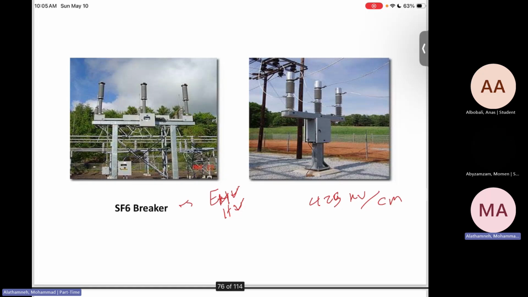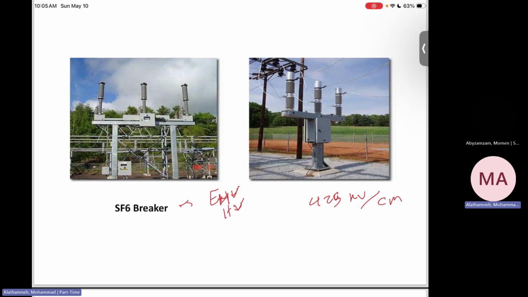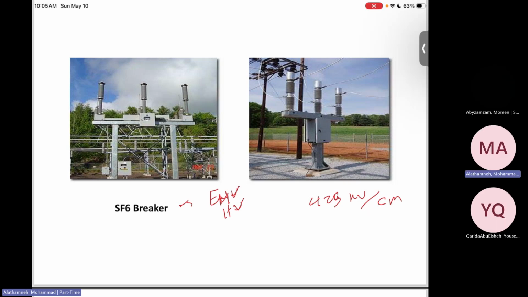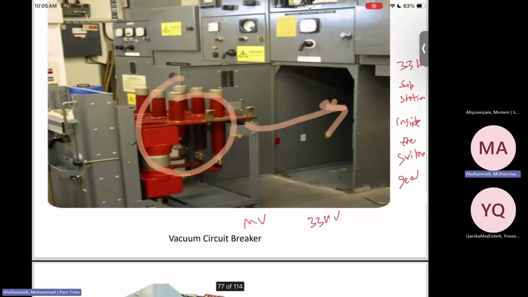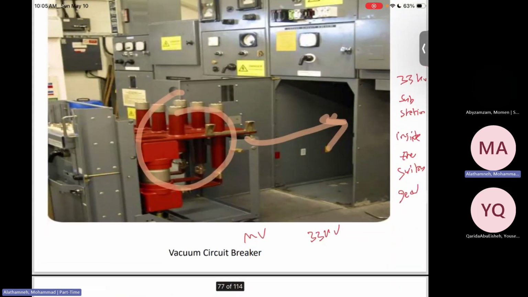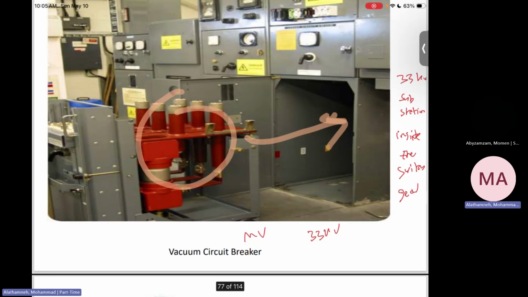Then we have the SF6, and we mentioned it's very common in high voltage and extra high voltage, where the insulation for the SF6 is around 425 kilovolts per centimeter. Then we mentioned also the vacuum circuit breaker. The vacuum breaker basically uses the vacuum to extinguish the arc.